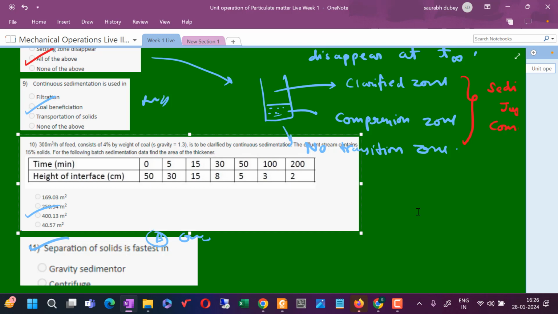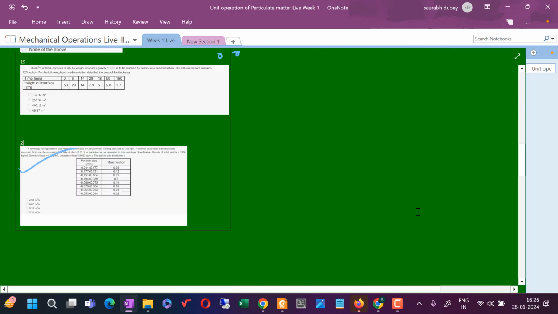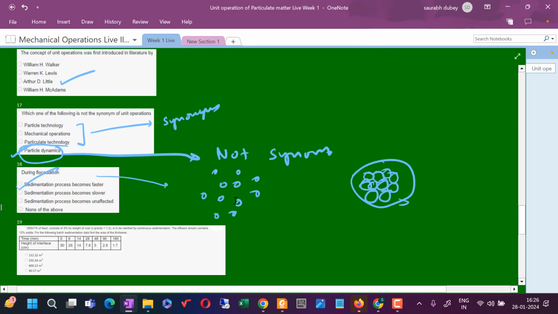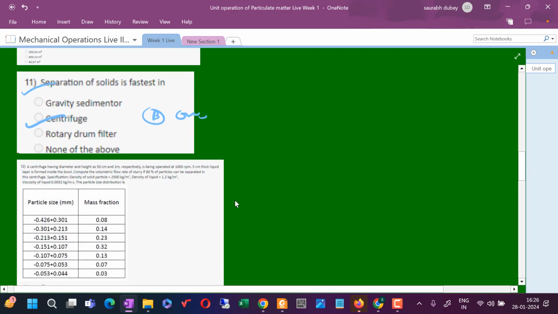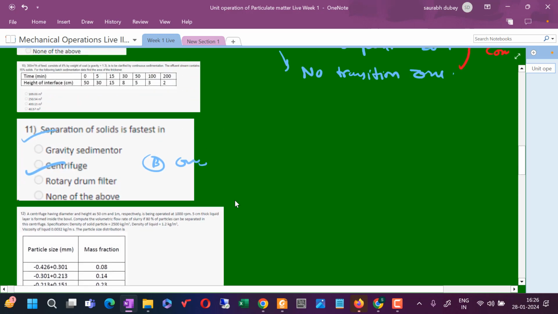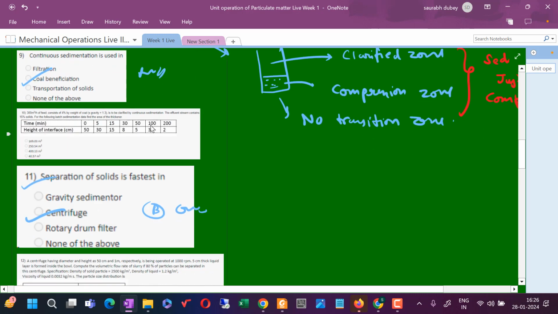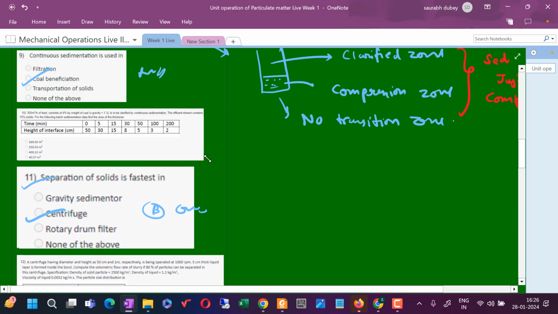The effluent stream contains 15% of the solid. So 15% of the solid is there.